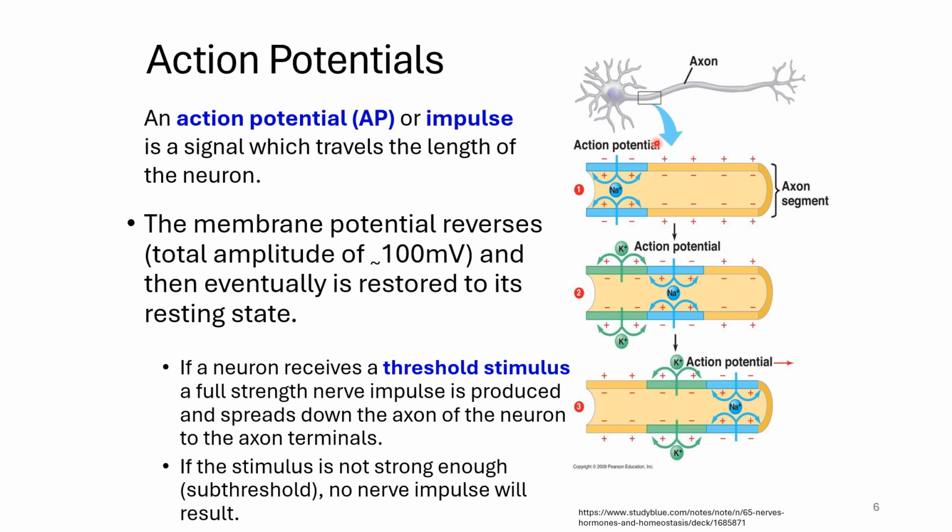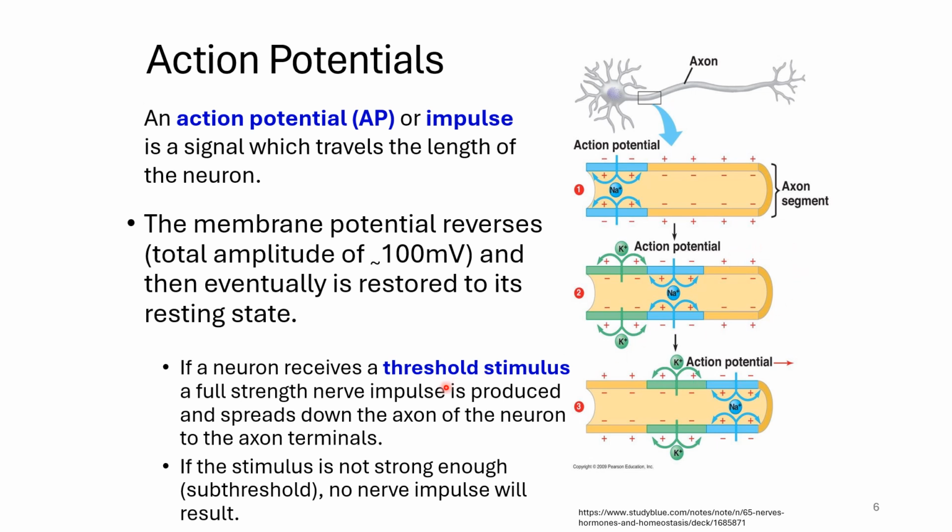So when you get the sodium gates opening, tons of sodium are coming in, and now right here, if we move down, that's exactly what has happened. So a bunch of sodium has come in, and now we've moved the action potential from this area down to this area, and that's how it's going to continue to move its way down the axon, is just by opening those voltage-gated sodium channels as you continue to move along the length of the axon.